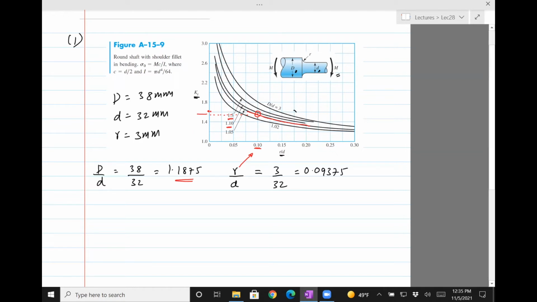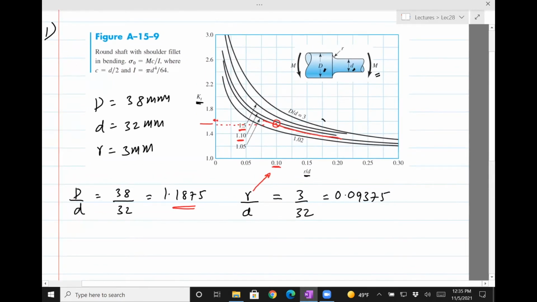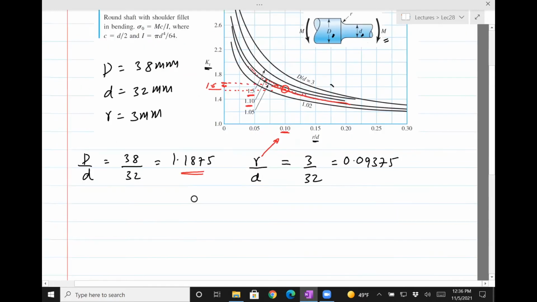It's hard to say. So what I did was I took the one from the book. The book says 1.65. And I think what they did was they assumed that since it's 1.18, this line is slightly above the 1.1 line, and so it falls just above 1.6. So they took it to be here somewhere. It's really hard to tell, so it's okay if you are in the ballpark of 1.6.